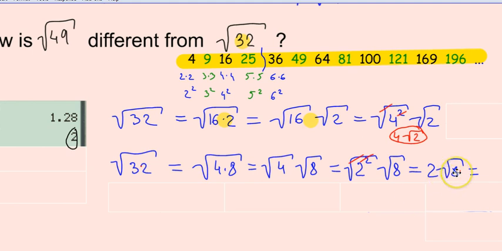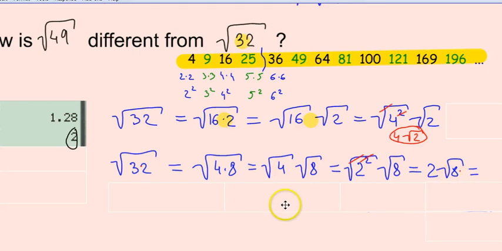Well, think about the radicand of 8. It is still divisible by one of the perfect square numbers. It is divisible by 4. And that is exactly why this result is not considered to be in simplest radical form. So you must be savvy enough to recognize it and continue simplifying square root of 8.